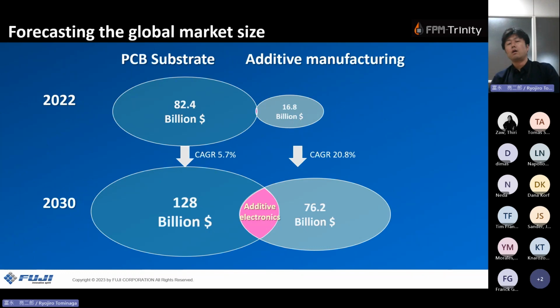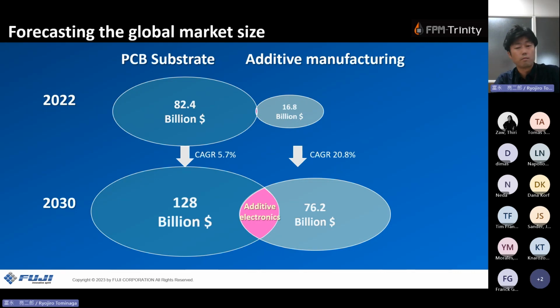So this is the market size. The PCB substrate market is going to be $128 billion by 2030, and the market for additive manufacturing will grow to $76 billion by 2030. This overlapped pink area is our target.